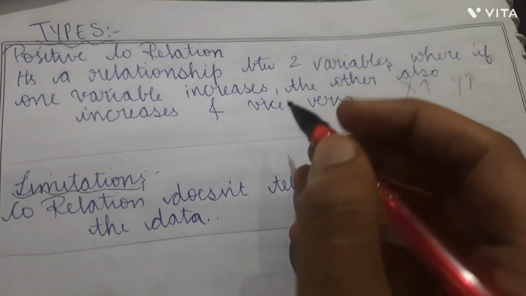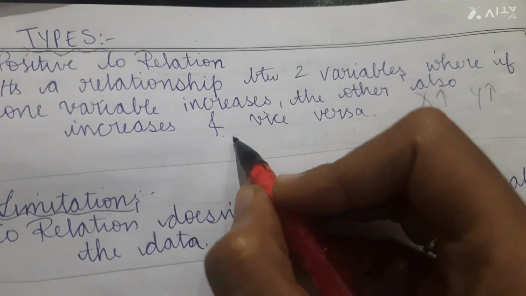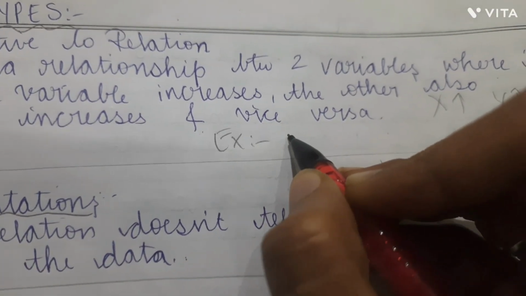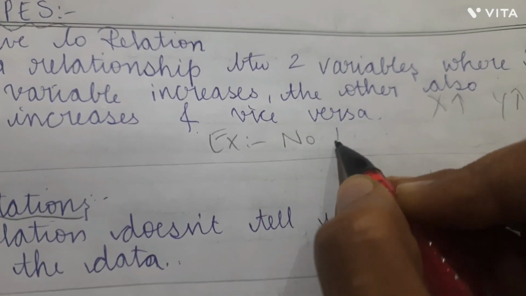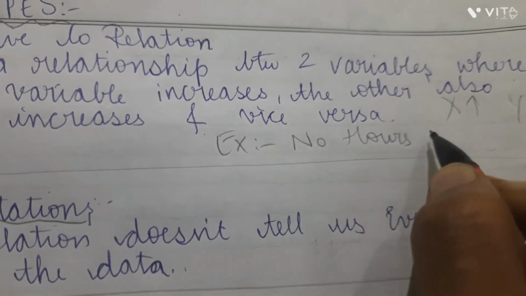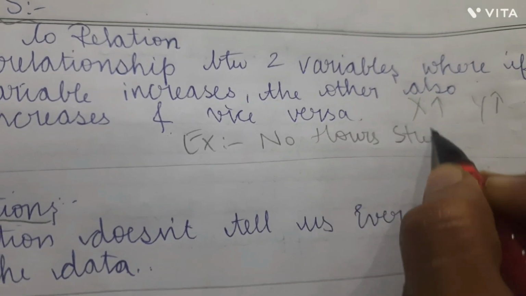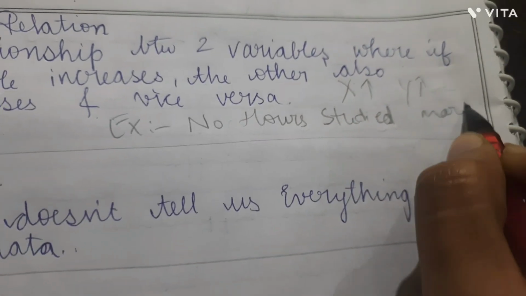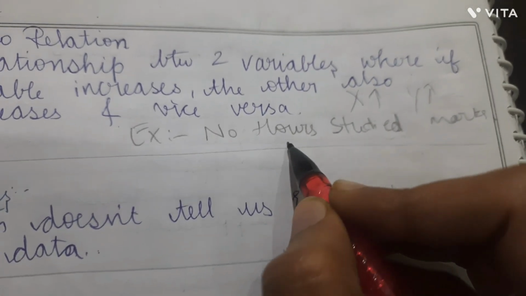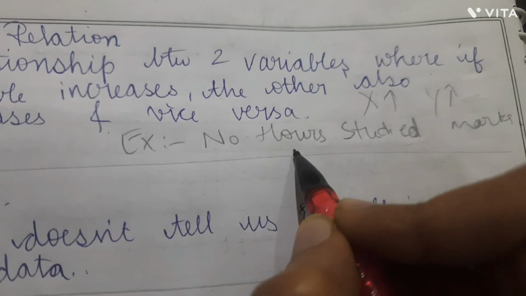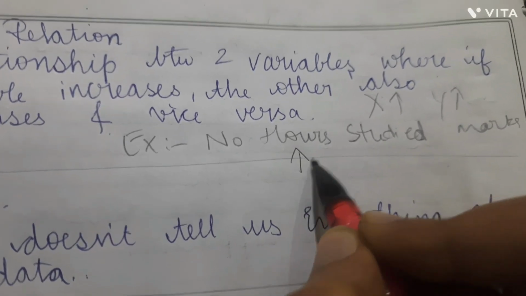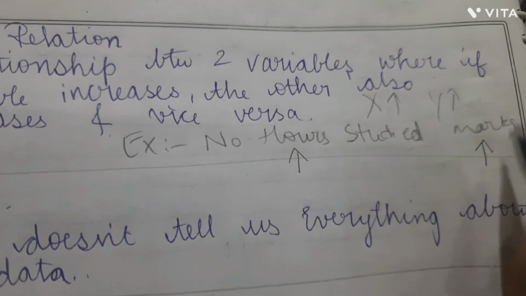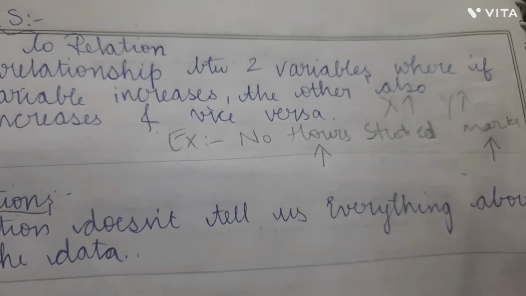For example, if we take the number of hours studied and the marks, as the number of hours we study increases, the marks will also increase. That is a positive correlation.